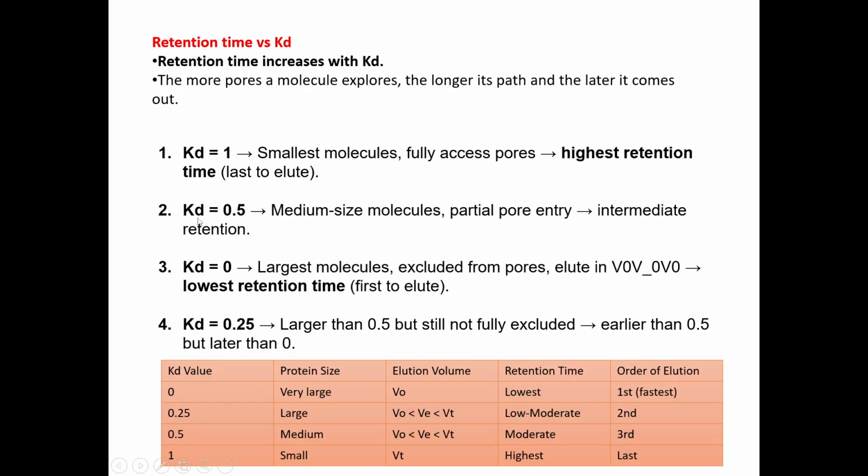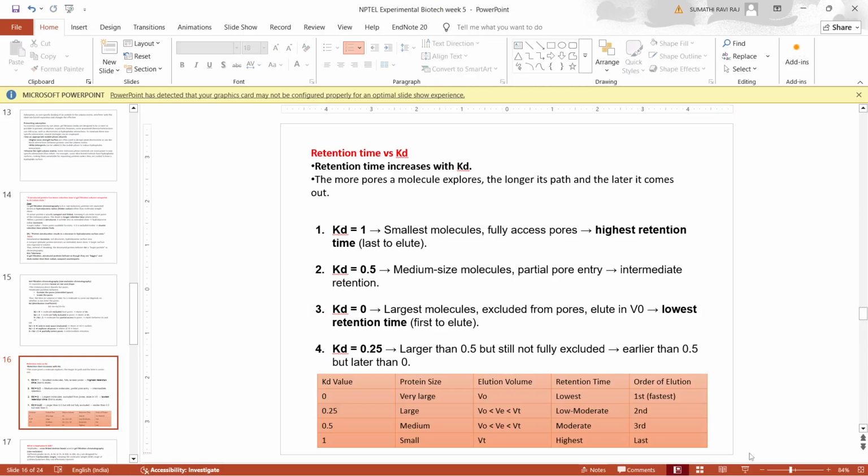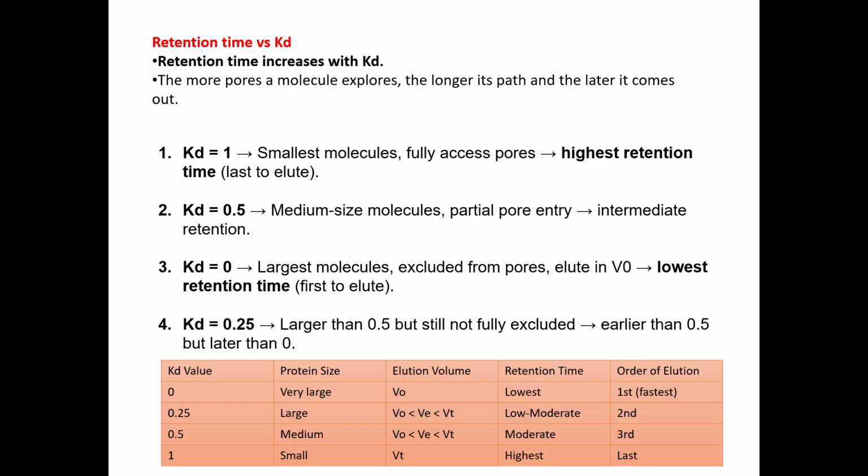But if your KD is half, that means it is in the middle. It will have partial pore entry and partially be in the gaps, the void volume. So it will have an intermediary retention time, in between your total volume and your void volume.